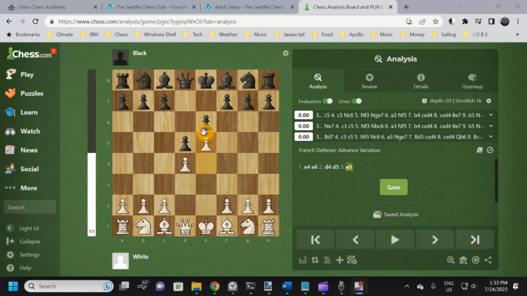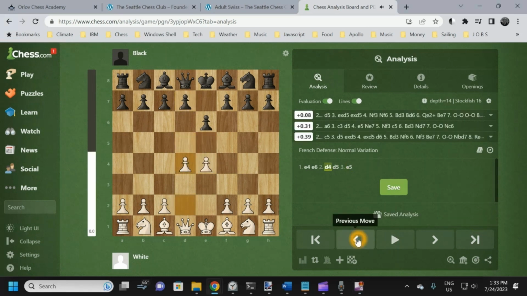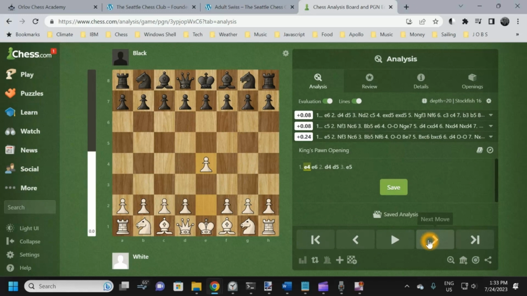So for instance, here we played 3 moves, and I can click on this control to take them back one at a time, because maybe I want to look at a previous position. This one, on the other hand, is used to scroll forward.